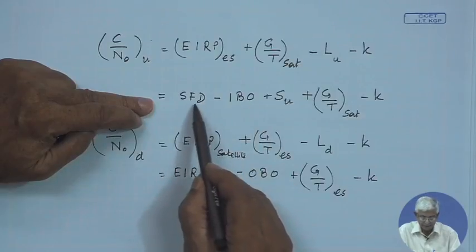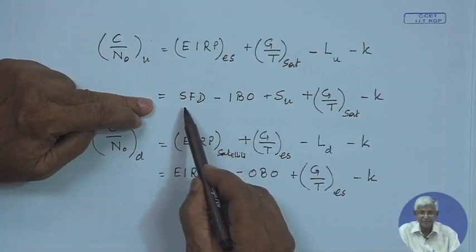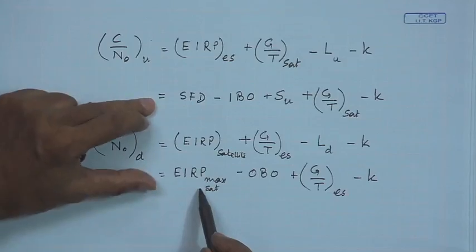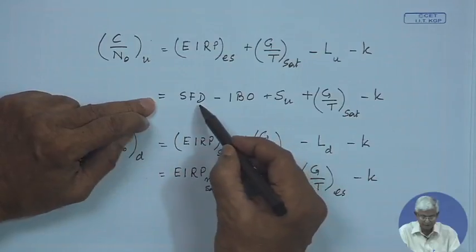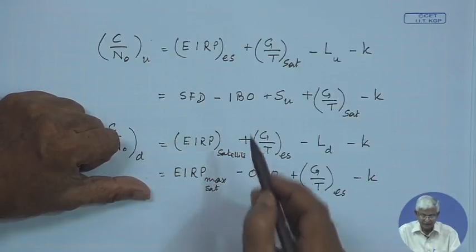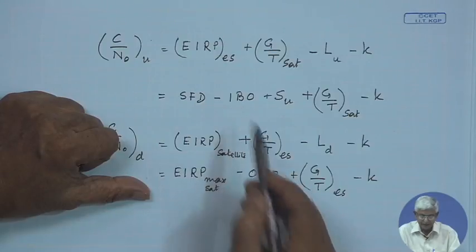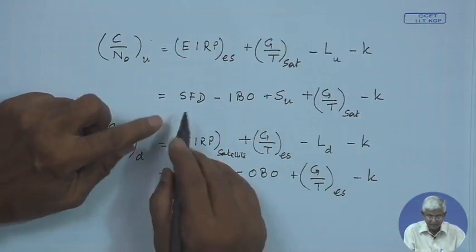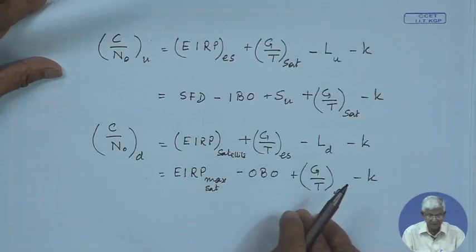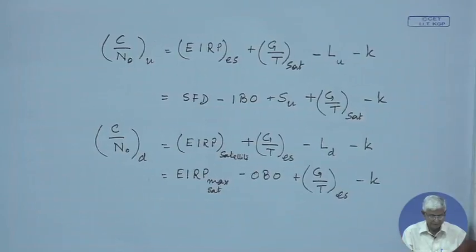If we know from the specification of the spacecraft the saturation power flux density and the maximum EIRP, and if you can decide an operating point in the linear region, which is input backoff and output backoff, then using these two expressions you can find uplink C by N naught and downlink C by N naught, and correspondingly you can find the total C by N naught.